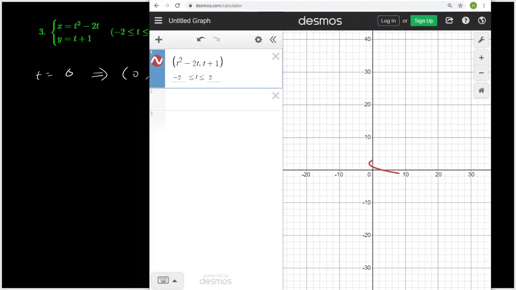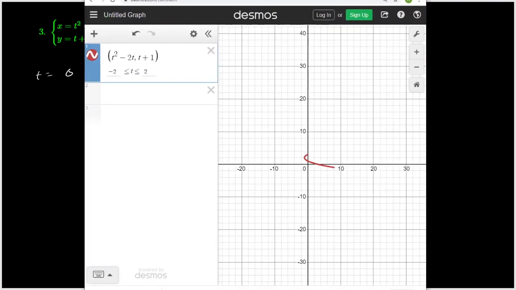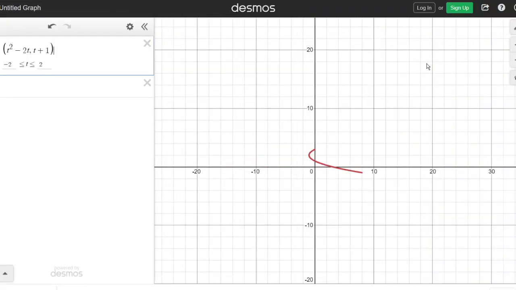t squared minus 2t, t plus 1. I think I have this curve in here. If you use the website desmos.com, it can sketch any parametric curve. The syntax is something like this.